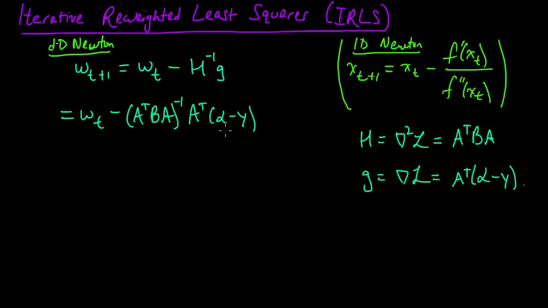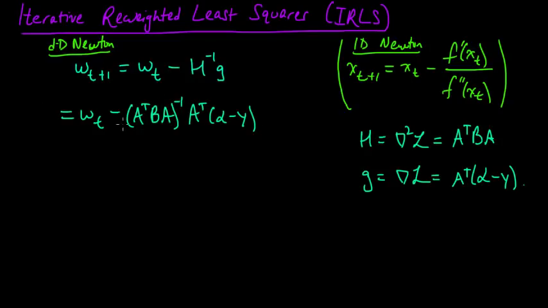We could stop right here. This is it. We have a nice expression, and we can evaluate all the quantities in this Hessian and this gradient easily, so we can compute this, assuming that this is invertible.